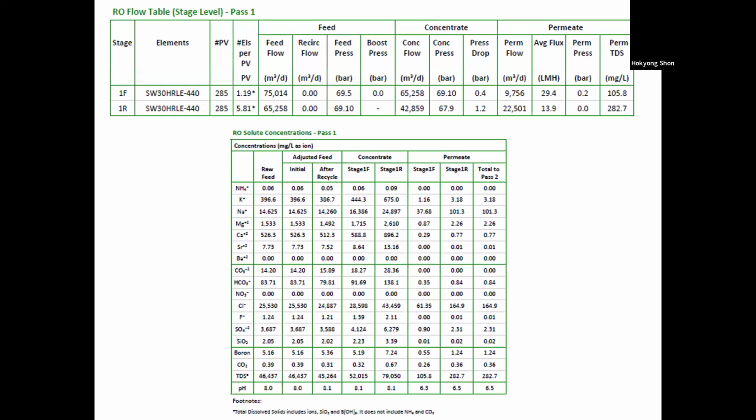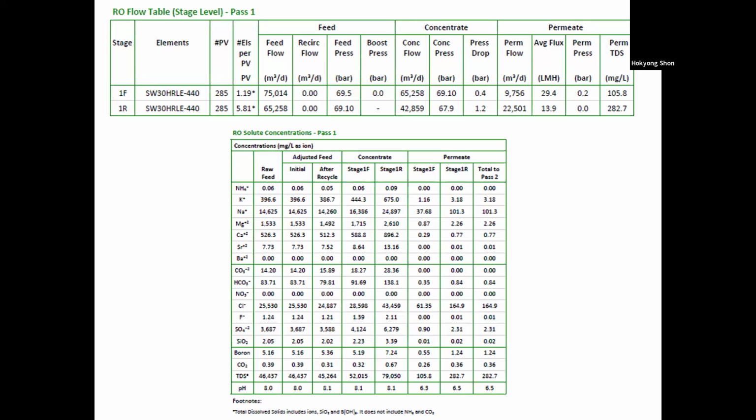So in your assignment, you look at the boron. The boron concentration in the permeate has to be less than 0.3 milligram per liter. But still, it's 0.5. So you have to go back and find out how we can reduce it to reach the target.